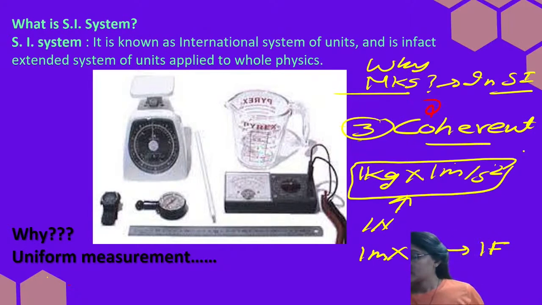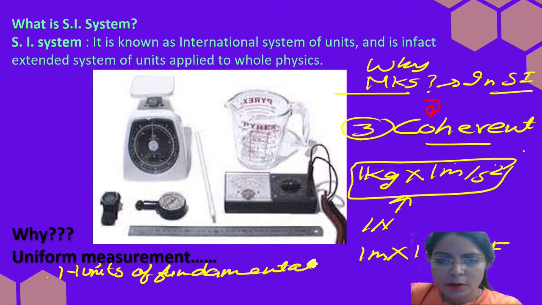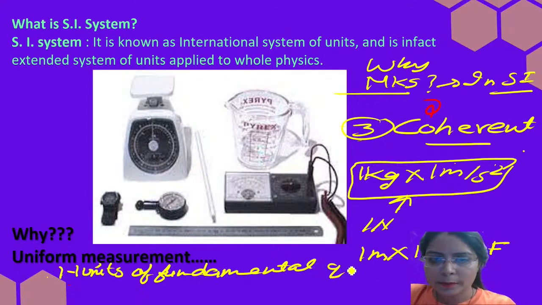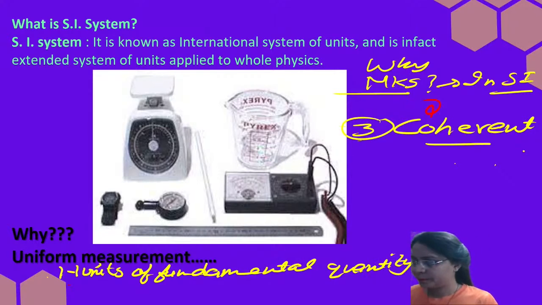That means if I multiply 1 unit of each, I can say yes. If I say a single unit, you can write its definition: 1 unit of fundamental quantity. I'm marking it in short form. 1 unit of fundamental quantity makes 1 unit of derived quantity.